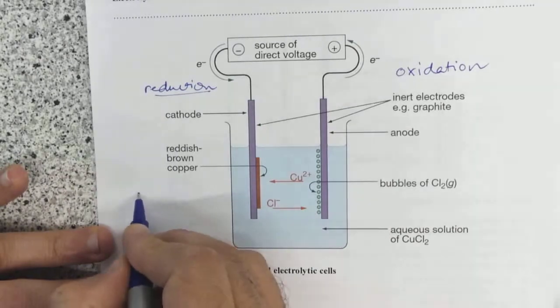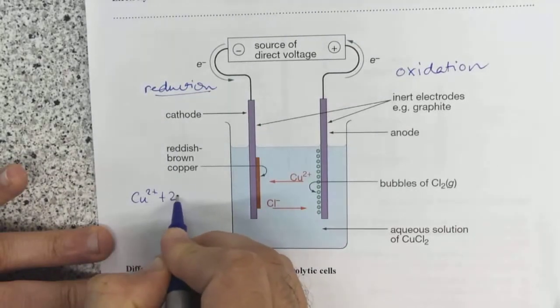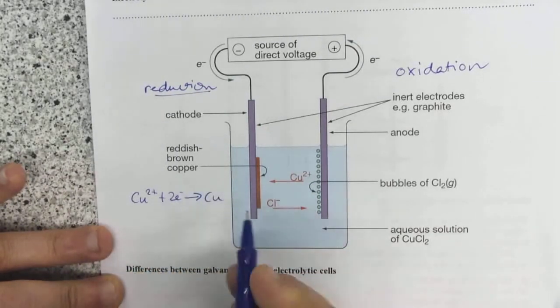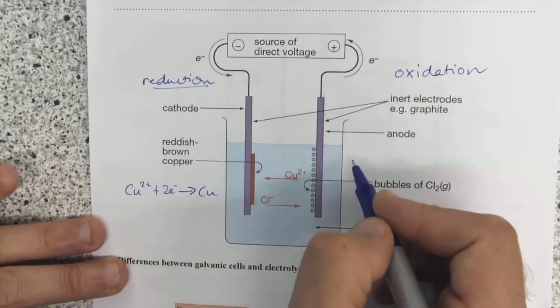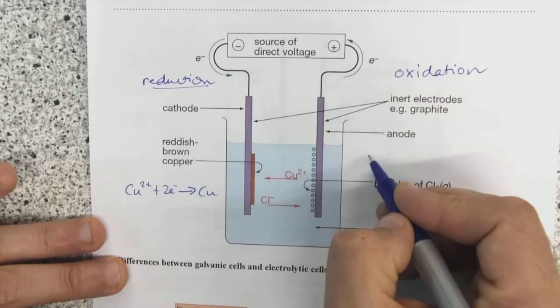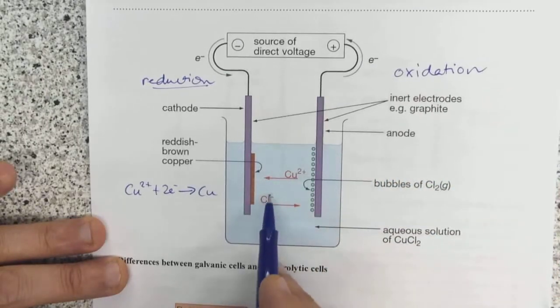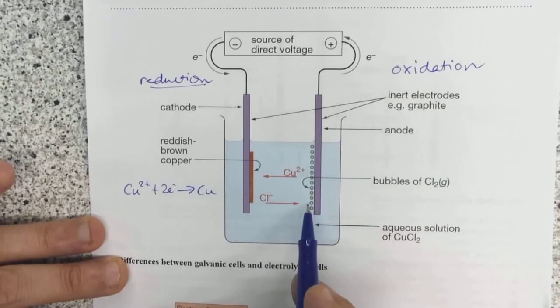Copper 2 plus gains 2 electrons to form copper, and that's laid down on the cathode, whereas on the anode it's oxidation, so the negatively charged chloride goes there, attracted by the positively charged electrode.